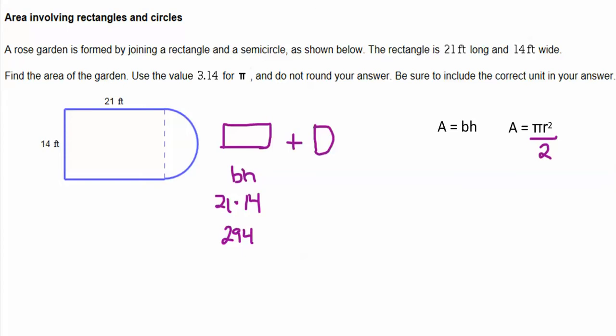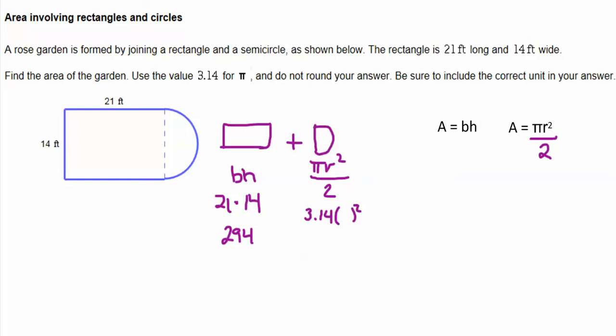And now we're going to find the area of the semicircle using our semicircle formula. So pi times radius squared, and all of that divided by 2. They said to use 3.14 for pi, and we're squaring the radius. We need to figure out what is the radius of the semicircle.